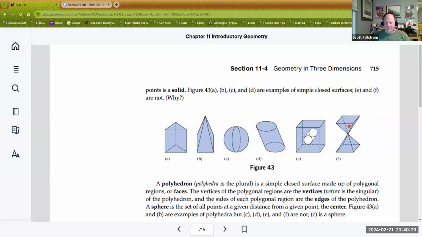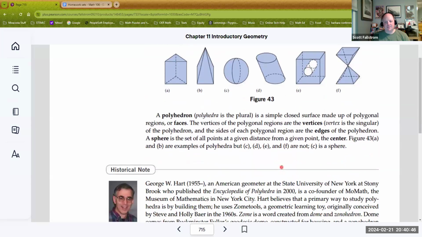Oh, but take a look at F. F fails because it is not simple. It crosses itself. You could also think of it as violating the definition of having three distinct regions. This has four regions because it has two interiors, the exterior, and then the shape itself. And this one is a problem because it has a hole going through it, which means it is not an entire solid piece.